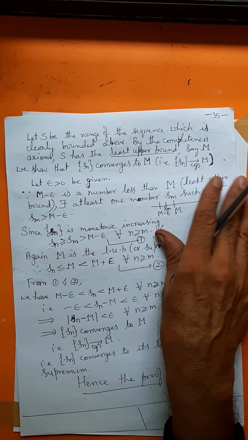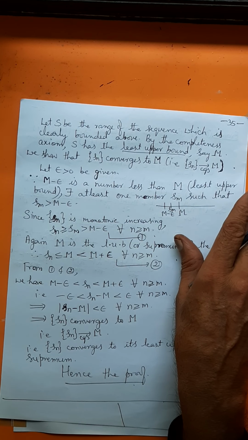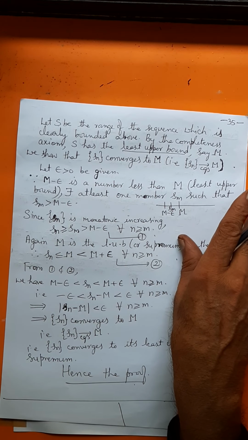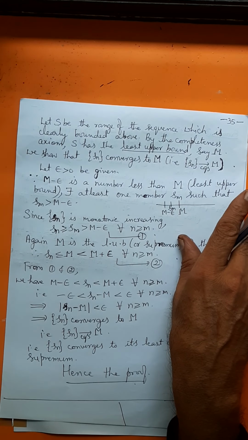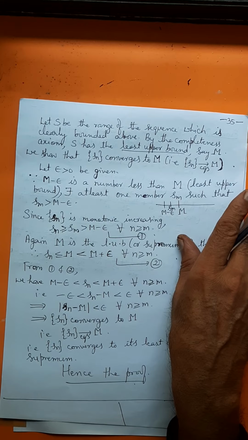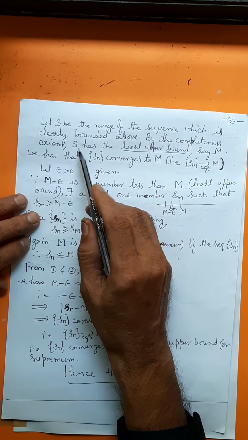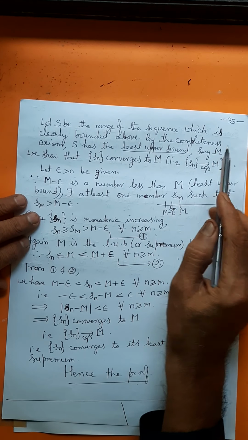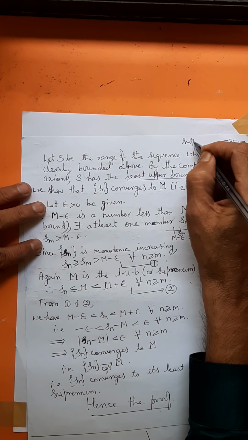You have studied the completeness axiom. Just now you have studied the completeness axiom. What is it? A non-empty subset of real numbers which is bounded above has the least upper bound or supremum. So by the completeness axiom, the set S has the least upper bound or supremum. It's also called supremum.